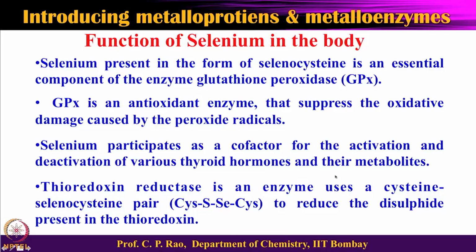Most of the common ways that selenium is present, unlike the metals like iron, cobalt, nickel, which are either directly attached to the protein side chains or attached to some special compartments, etc. Whereas selenium is not like that.